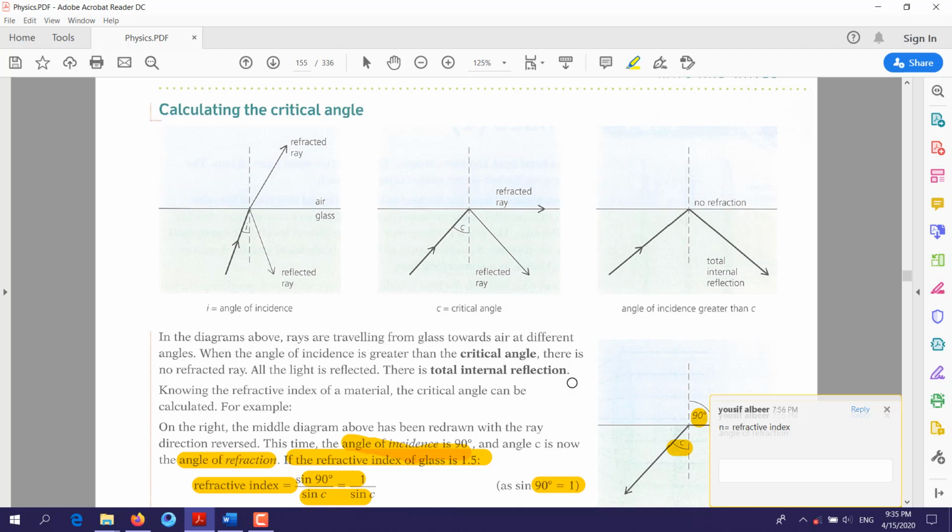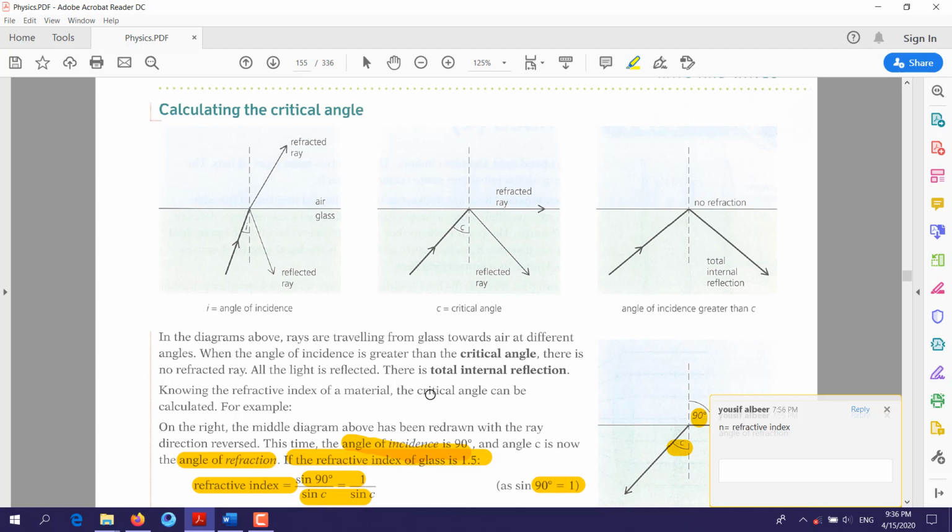Then, calculating the critical angle. When it comes to the critical angle, what do we mean by it? It's the angle at which the light cannot refract anymore, but reflects totally.